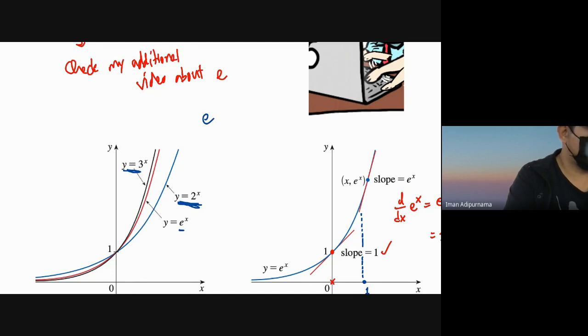For example, if you want to derive this, it stays the same, but it has another constant. And if you derive this also, it has another constant that is proportional in the graph.